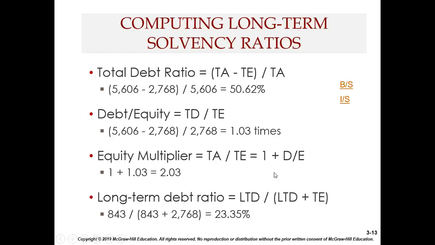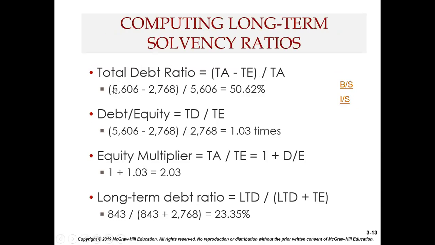The next set of ratios are the long-term solvency ratios. They measure how much long-term debt you have as compared to what you own and how well you can pay your debt. So the first one is total debt ratio. That's where we take total assets minus total equity, which is your total debt, total liabilities, divided by total assets.